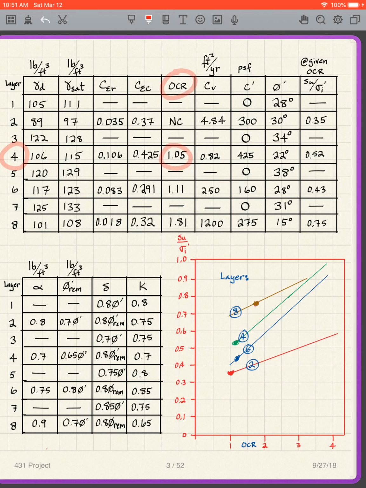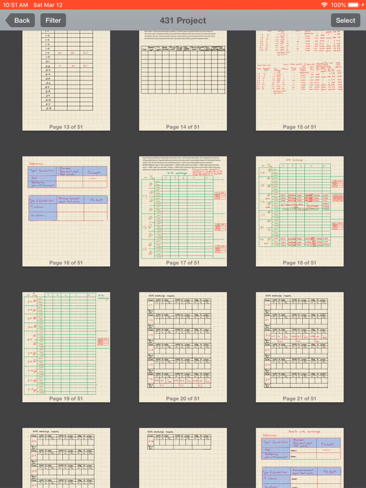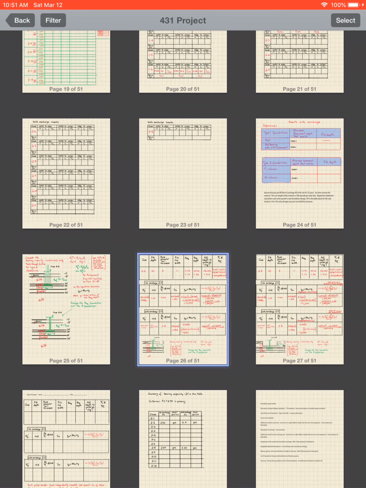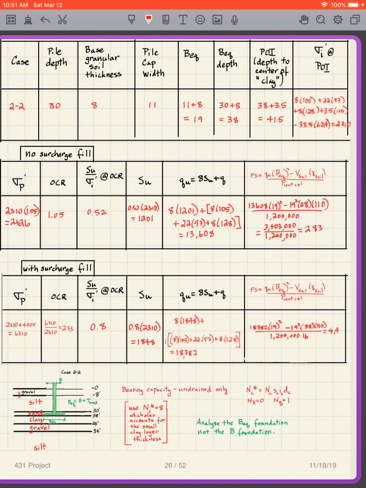The OCR is 1.05. So we're going to use that 1.05 to get our sigma prime P, and so we take the 2310 from here and the 1.05 that we just saw, we get 2426. Of course, that means the OCR is 1.05.